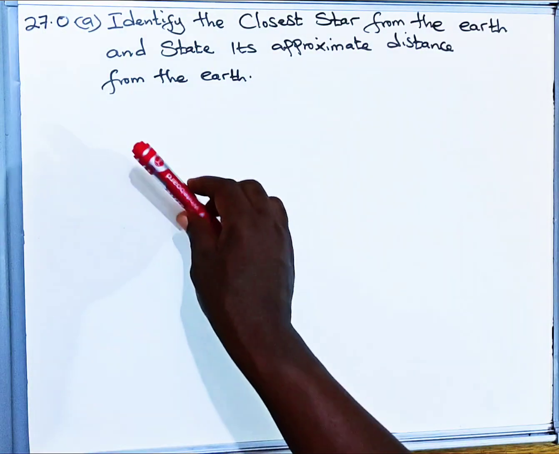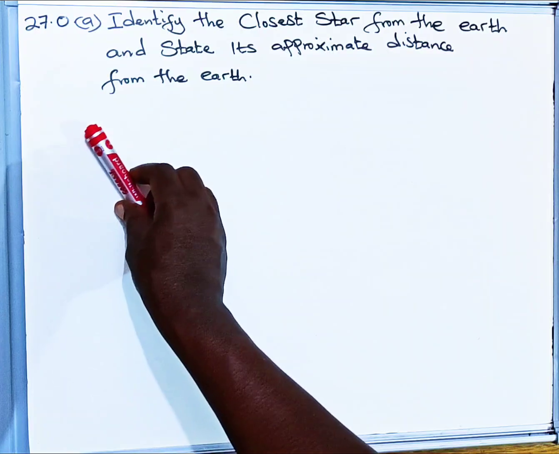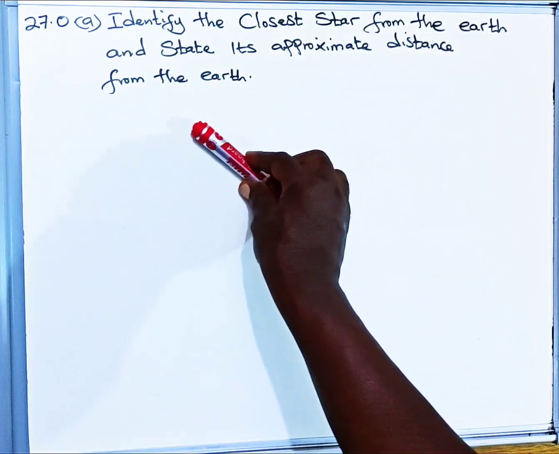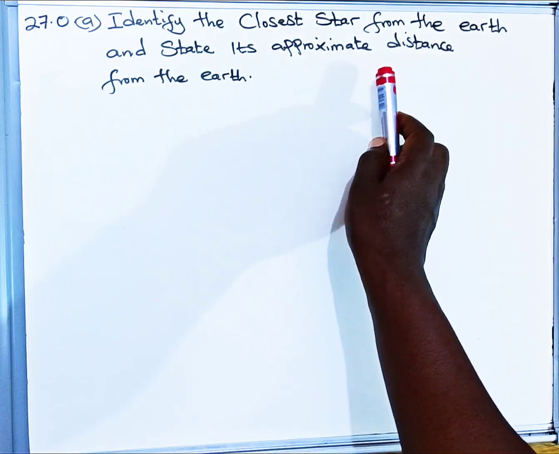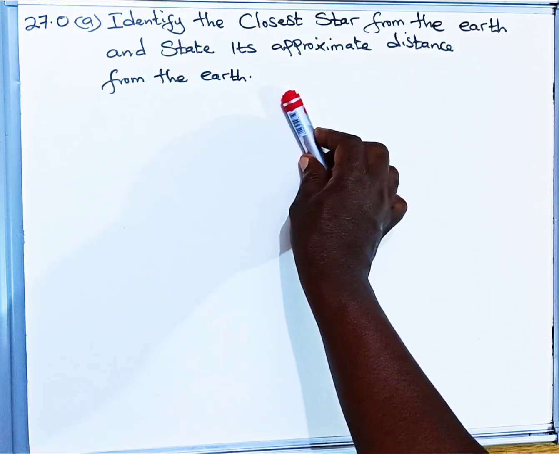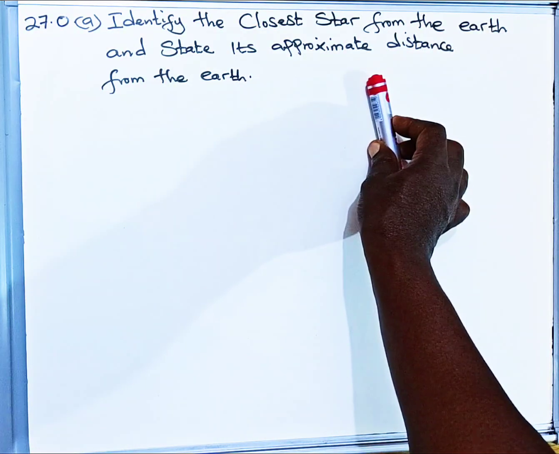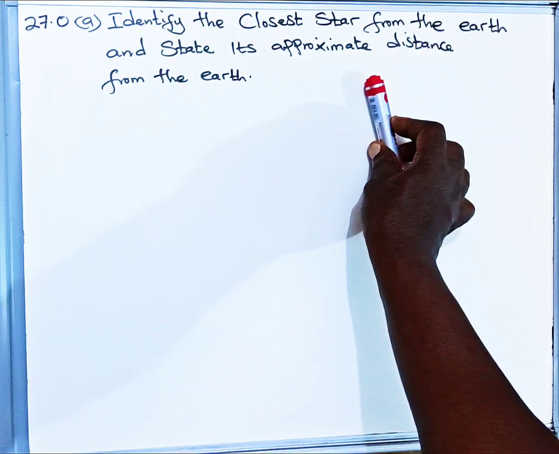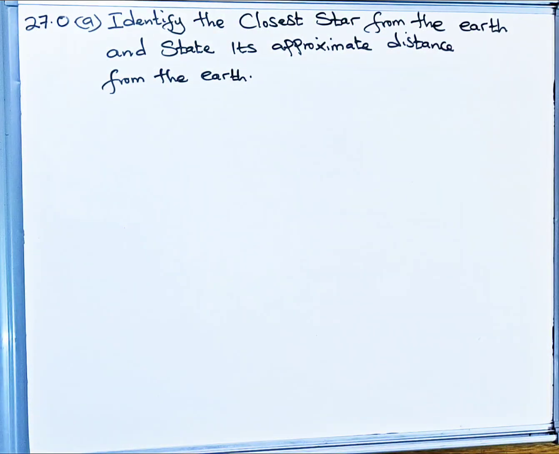And today we are looking at this case. It says, identify the closest star from the Earth and state its approximate distance from the Earth. Yes, we see the sky and we see all the stars. But which star is the closest to us from the Earth?